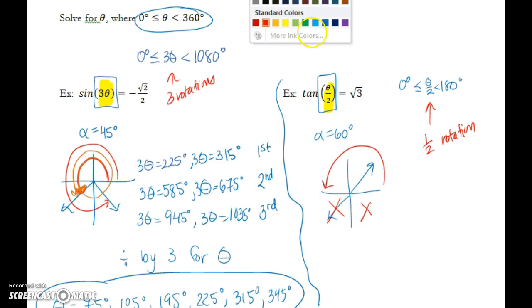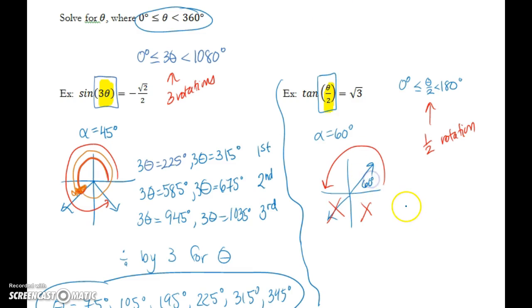The only solution that we have is a quadrant 1 solution, which is 60 degrees. So our only answer for theta over 2 is 60 degrees. Notice it's theta over 2 because that's our argument. If we solve for theta, we're going to multiply both sides by 2, and so theta equals 120 degrees.